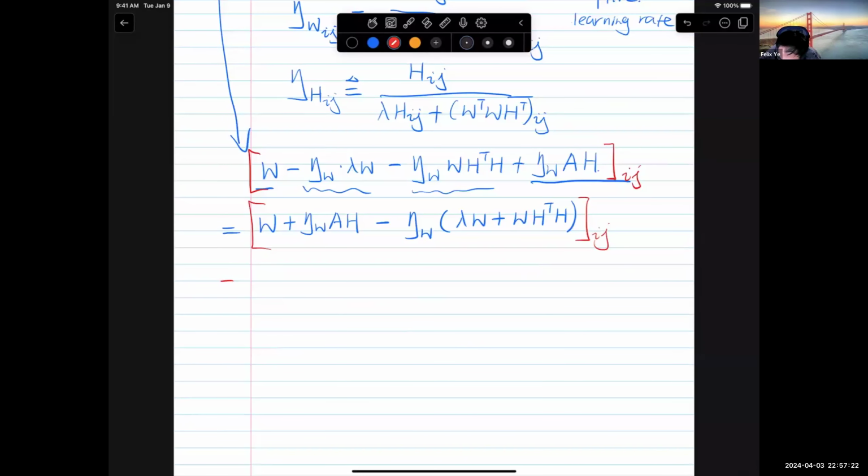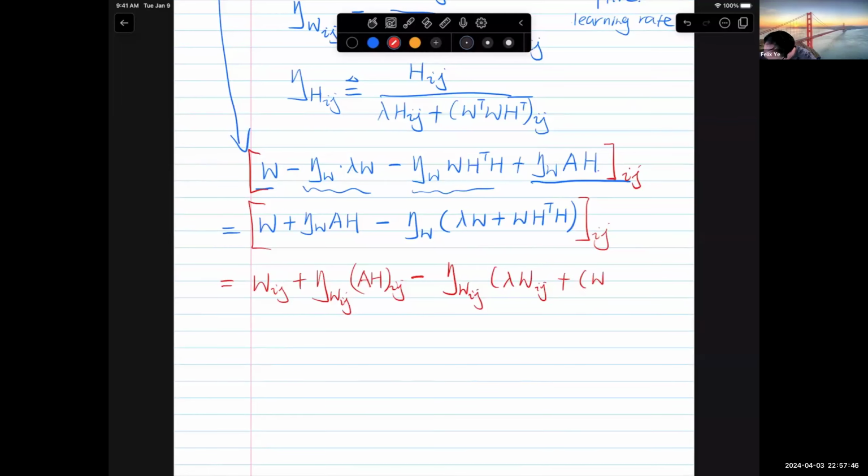So this is basically W_ij plus eta W_ij of (A H^T)_ij, then minus the eta W_ij of (lambda W_ij plus (W H H^T)_ij). Okay, so this only considers the ij entries here.